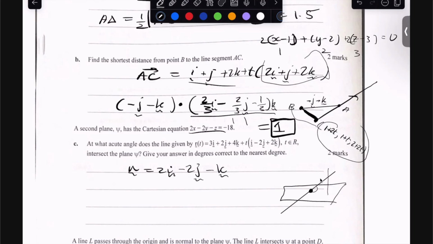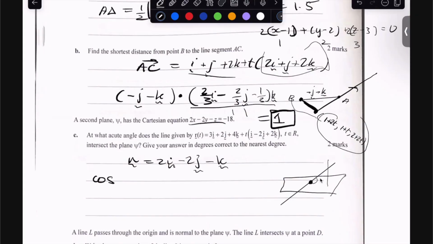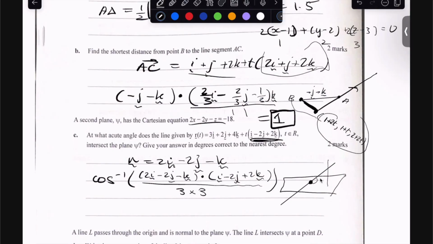Now you can do the dot product, the cos inverse of the dot product of that and the direction vector of the line, i minus 2j plus 2k, all over the magnitudes multiplied, so square root of 4 plus 4 is 8 plus 1 is 9, so 3 times by 3, right? And that's giving you this angle there.